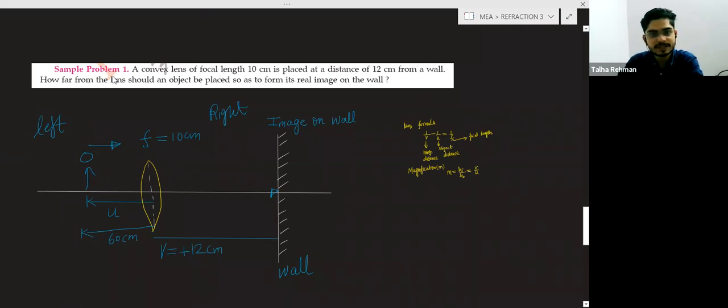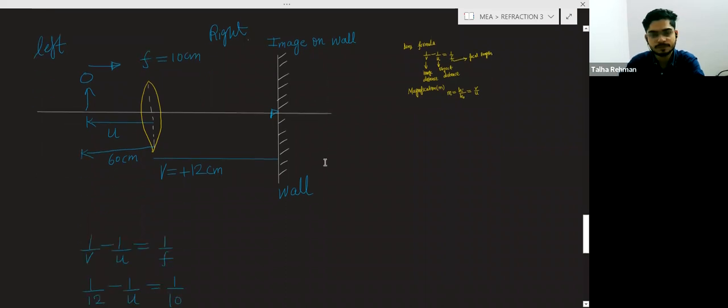They are asking how far from the lens an object should be placed so as to form its real image on the wall. So we only have to find the object distance; the nature and the position of the image are already given. A real image is forming on the wall.